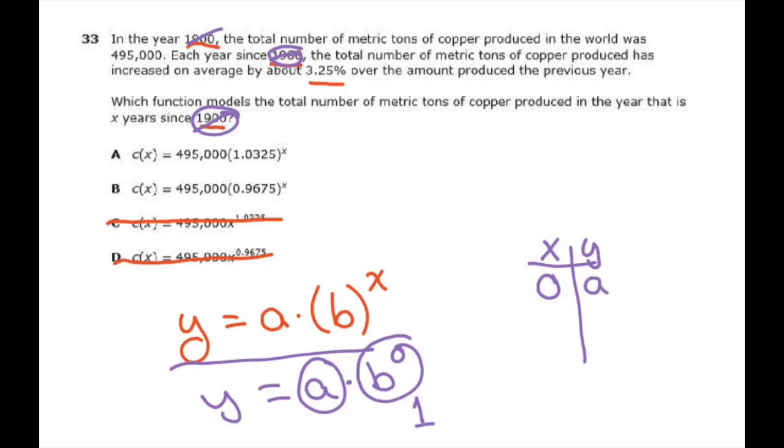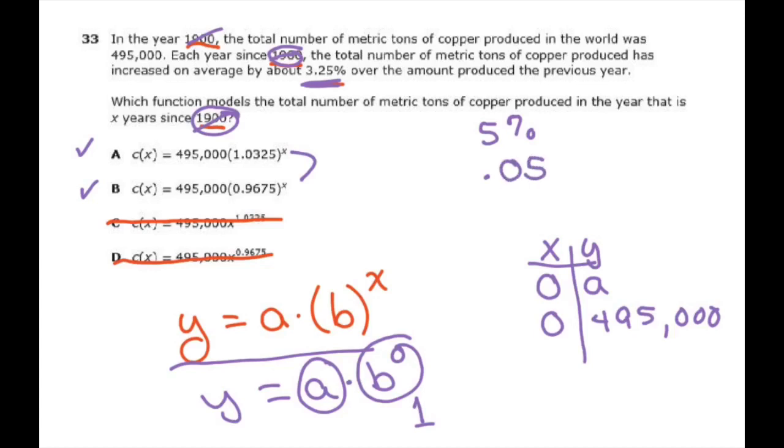In our case, if we take either one of these, when x is 0, they're both going to be 495,000. So that's okay on this one. So now we only have to determine the percent. If I said 5%, you know that is 0.05.